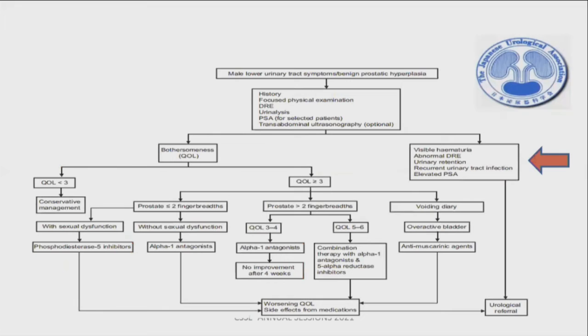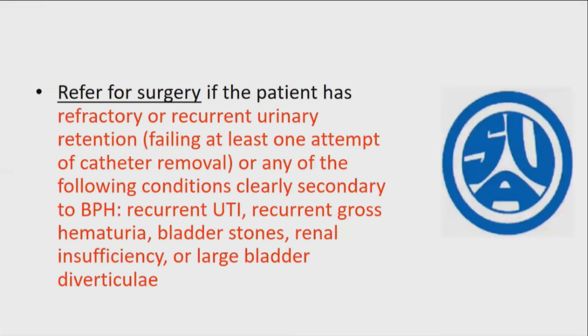On the other side of the corner, the Japanese Urological Association says urological referral should be done if the patient has visible hematuria, abdominal mass, urinary retention, recurrent UTI, and elevated PSA. The South African Urology Association tells the same: refer to surgery if the patient has BPO with complications.